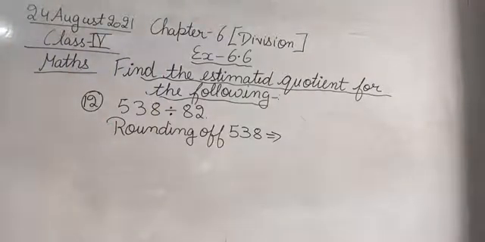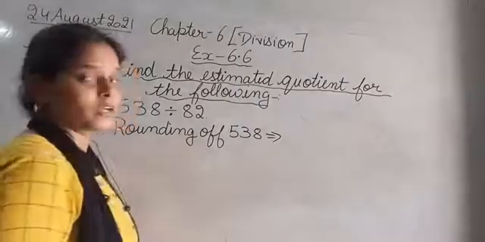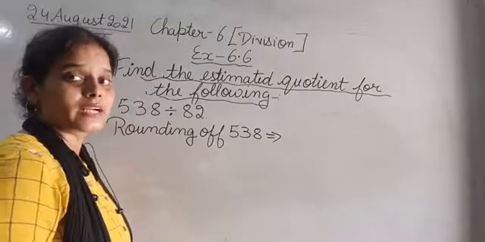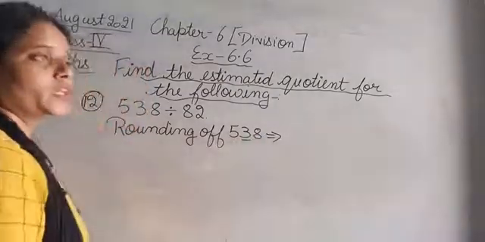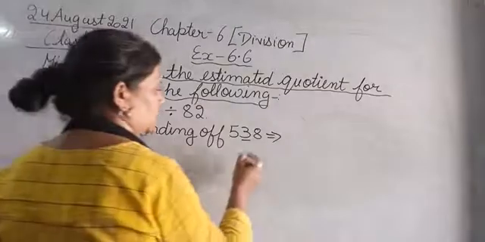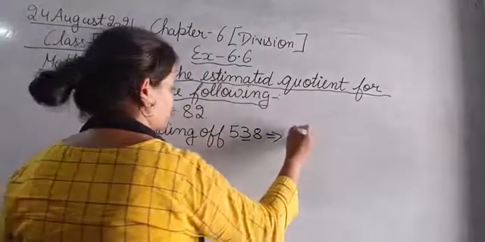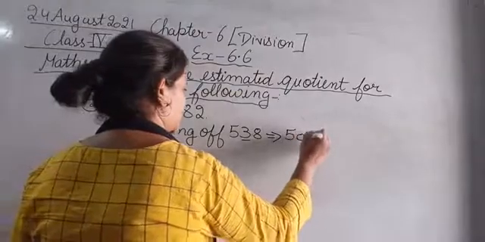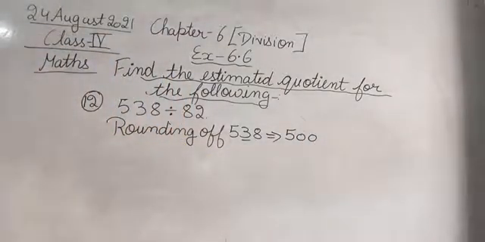For this, we will observe the digit at the tens place. At the tens place we are having 3, which is less than 5. So we will round it off to the previous 100. So after rounding off 538 to the nearest 100, we will get 500.